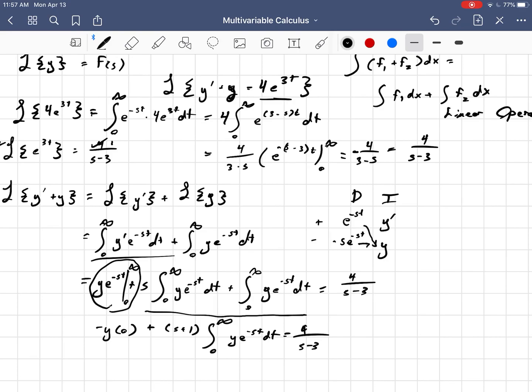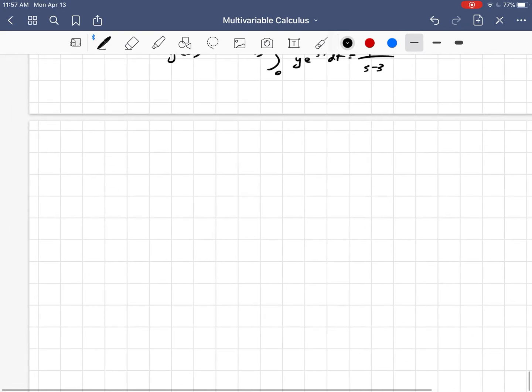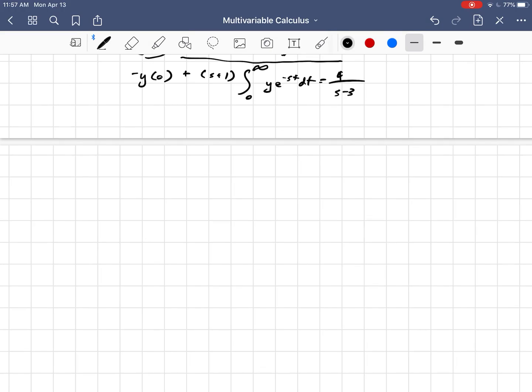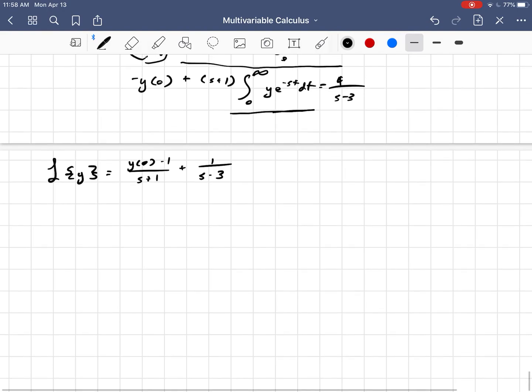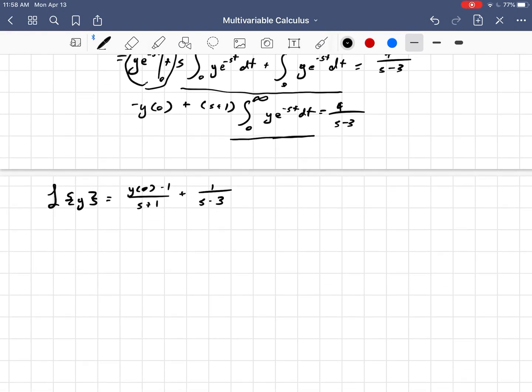So I can solve now for the integral of y e to the negative st, or in other words, the Laplace transform of y. And so after some algebra, it turns out that the Laplace transform of y, in other words, this integral here, is y of 0 minus 1 over s plus 1 plus 1 over s minus 3.